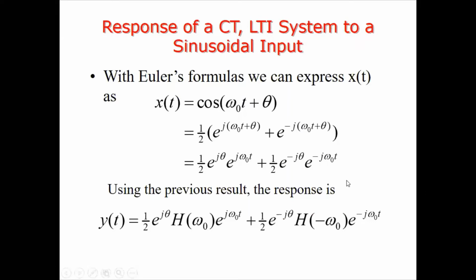Fine. So you can ask me a question: what is meant by negative frequency? Why should it be minus omega naught? This question is answered in the spectrum plot of a given signal.